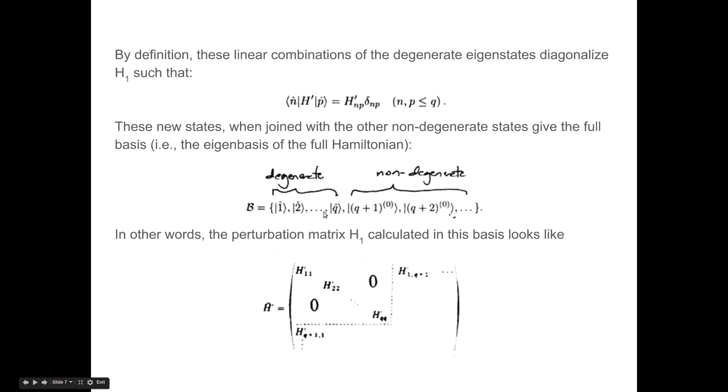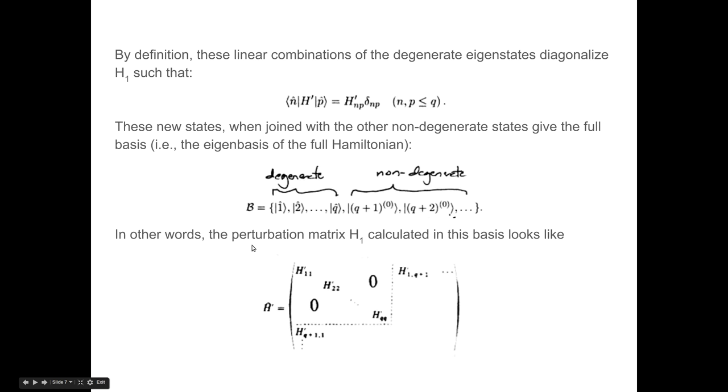So that's what this is showing here. You can see that these states here are degenerate, and these states are non-degenerate. It's just showing that the full Hamiltonian in general doesn't have to be all degenerate or all non-degenerate. It can be a mix of both. Okay, so this would be the set of eigenkets.